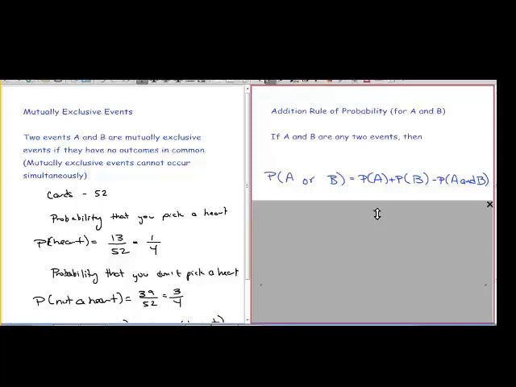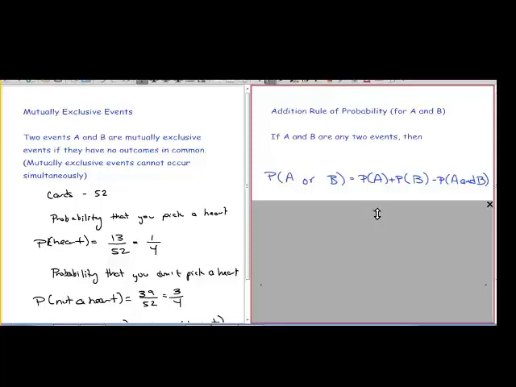And the result ultimately has to be between 0 and 1. It doesn't matter how we come up with the probability, the probability number always has to be less than or equal to 1 and greater than 0.